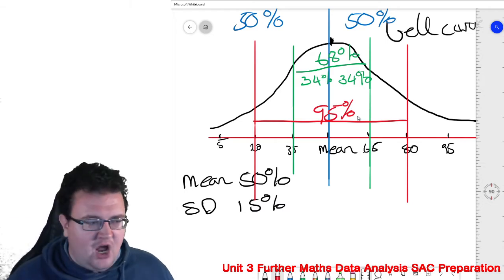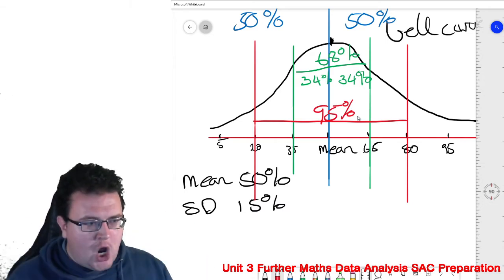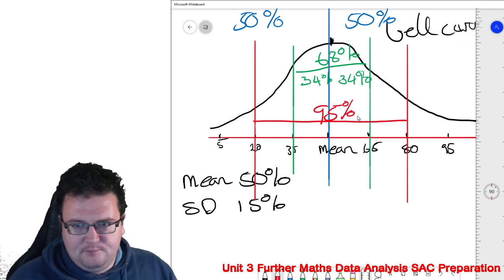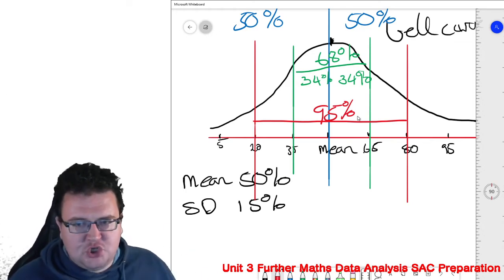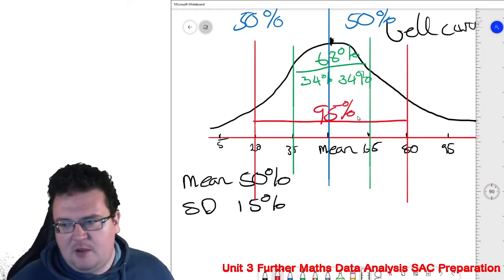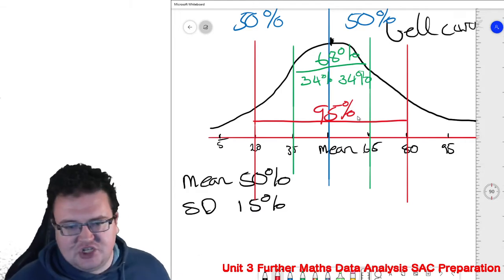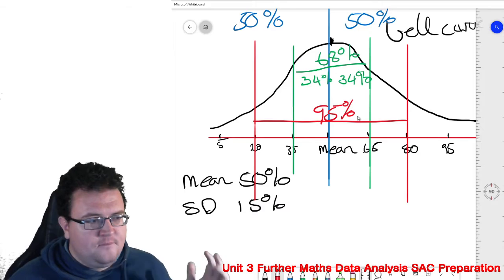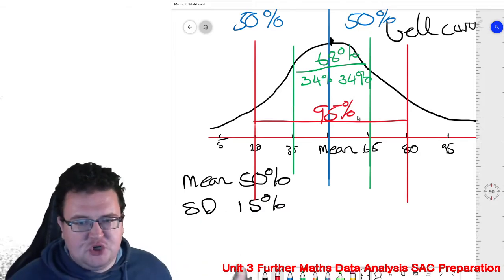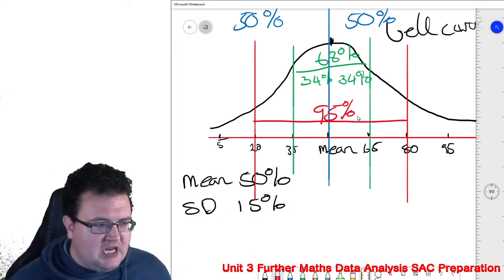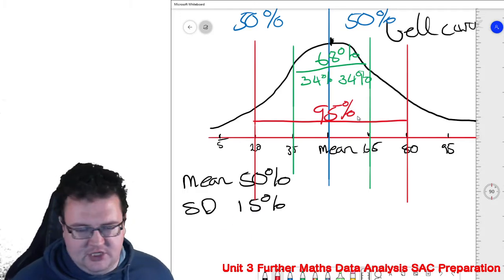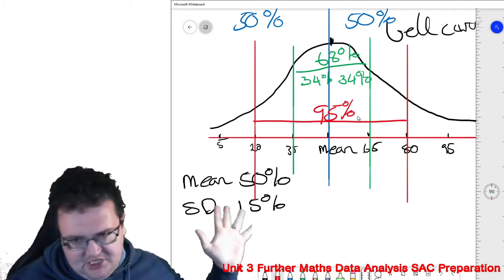Between the two red lines should be 95% of my data. So when we do a maths exam, if the mean is 50 and the standard deviation is 15, then 95% of you should get between 20% and 80% as a score.